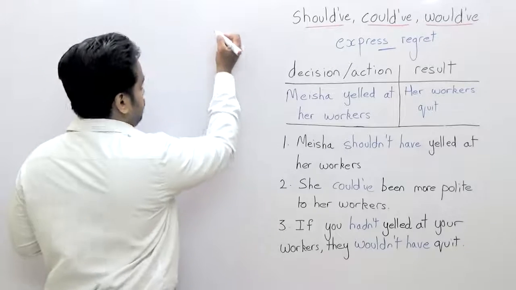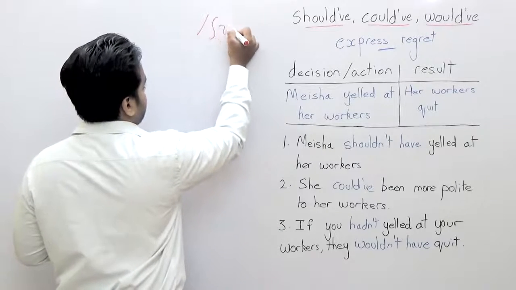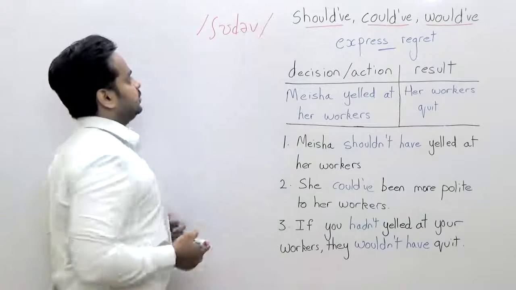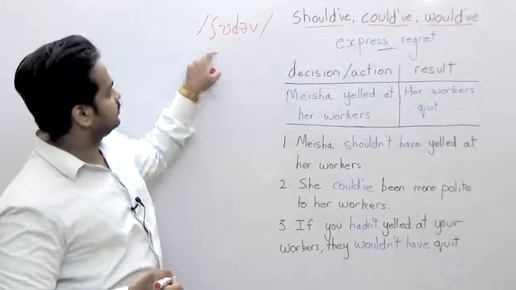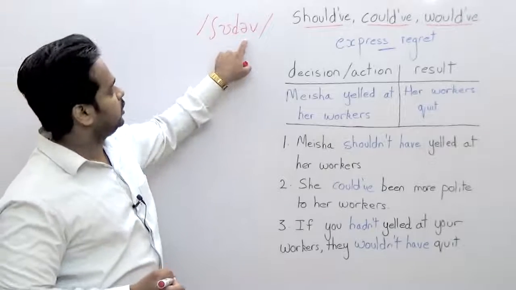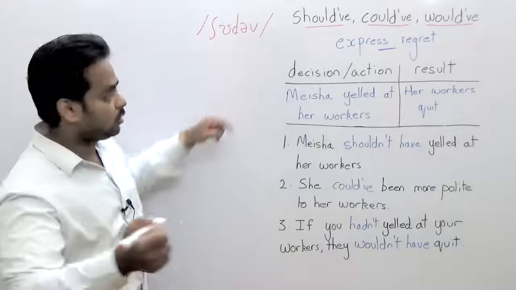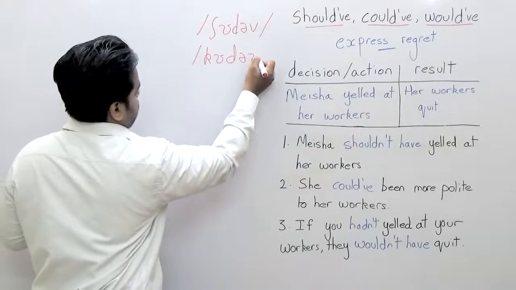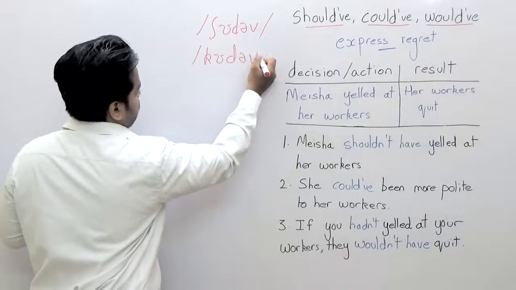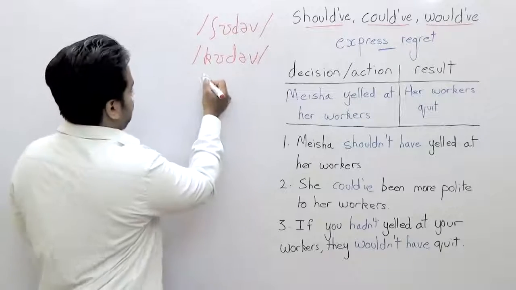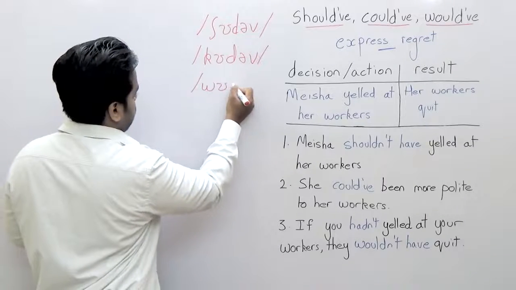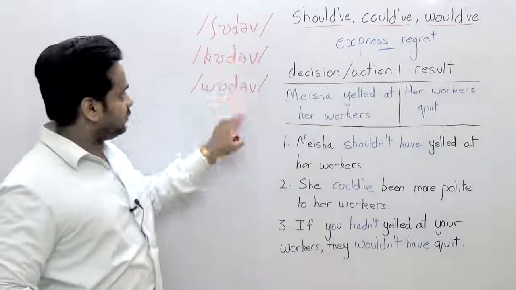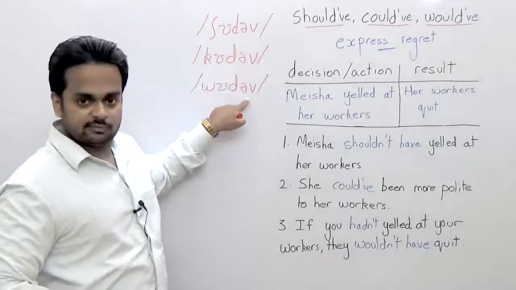We say it in a reduced way, and when we say it, it sounds like we're saying should have, could have, or would have.